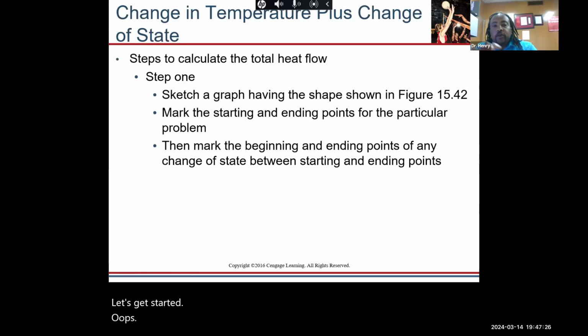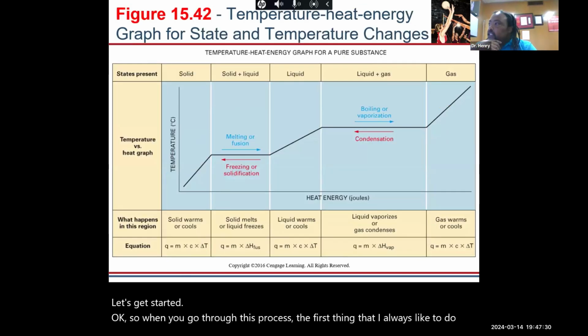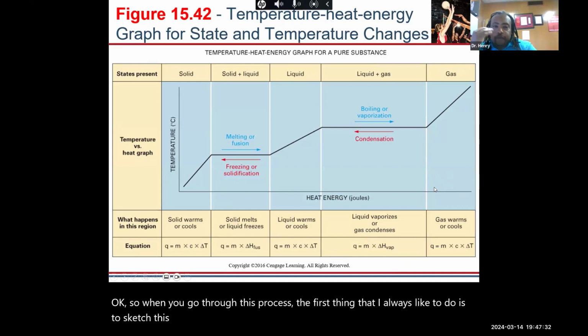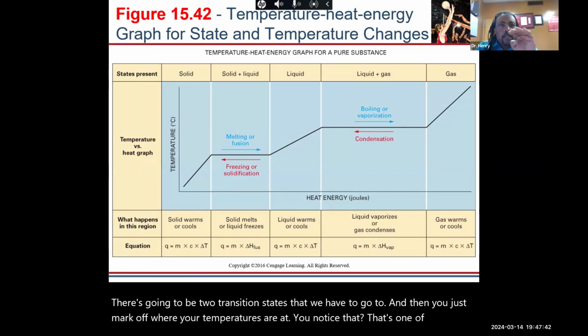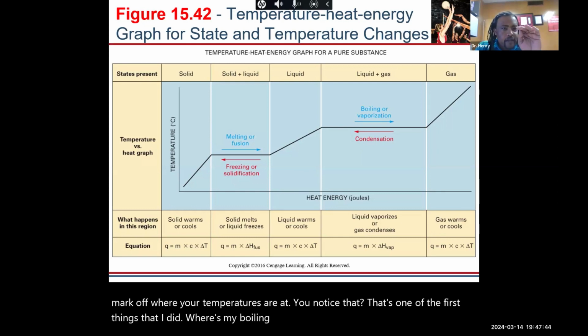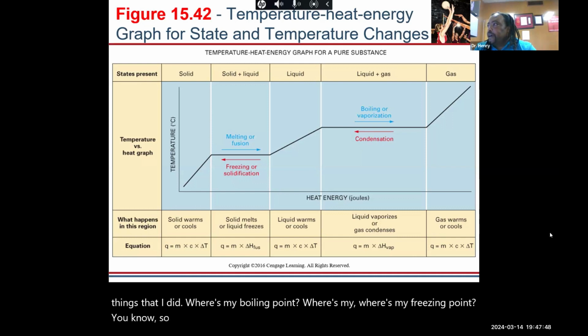Okay, so when you go through this process, the first thing that I always like to do is to sketch this little graph, right? It helps me understand that there's transitions. There's going to be two transition states that we have to go to. And then you just mark off where your temperatures are at. You notice that that's one of the first things that I did. Where's my boiling point? Where's my freezing point? So you mark those off so you know where they're at.